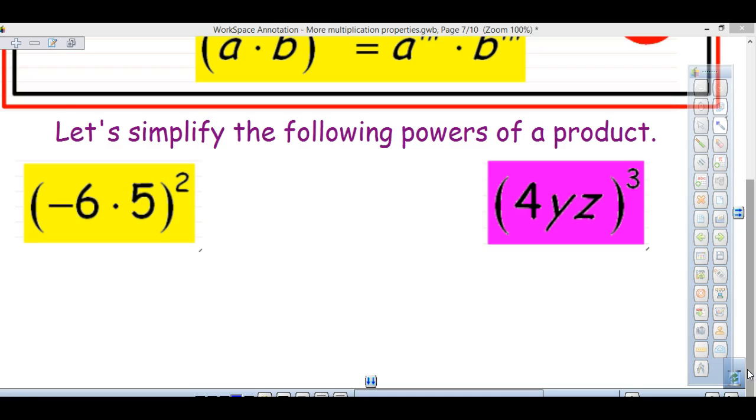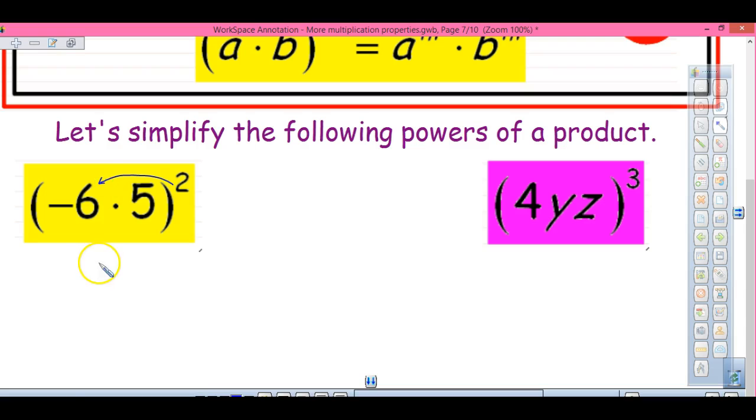So I've got to hook it onto my negative 6, so I get negative 6 squared, times 5 squared. What is negative 6 squared? Think about it. It means negative 6 times negative 6. No, it's positive 36. Remember we talked about it, when you're putting it into your calculator, this has got to go into parentheses for it to give you the correct answer.